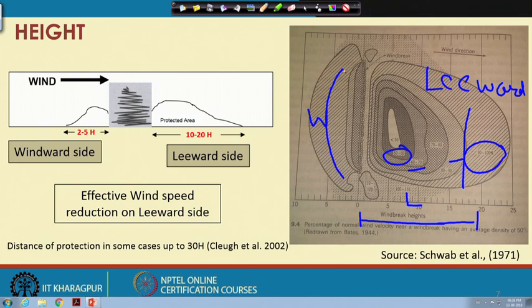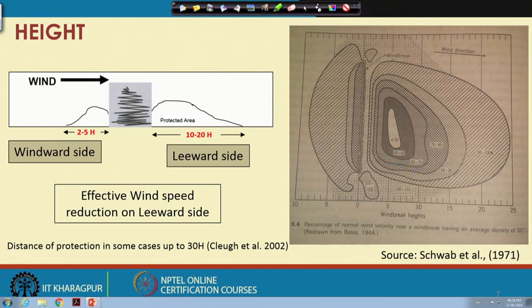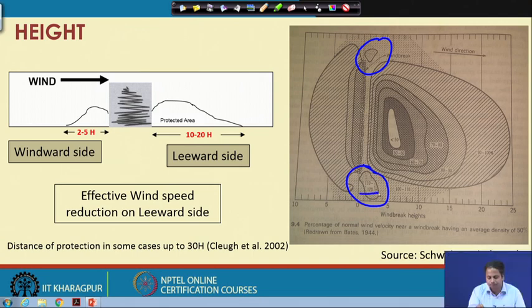If you look carefully over this region and this region, which are very near or adjacent to the ends of this windbreak, you can see the velocities here are 110 to 120%. That means the wind speeds are very high compared to the open field. Why does this happen?